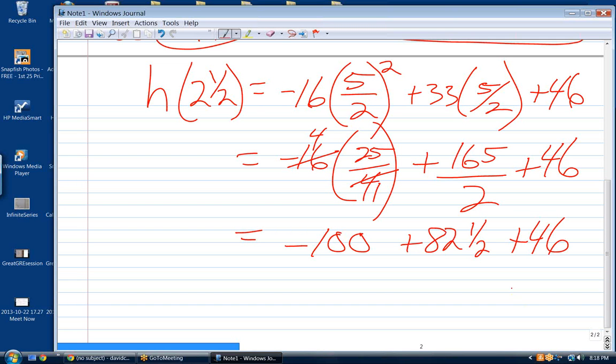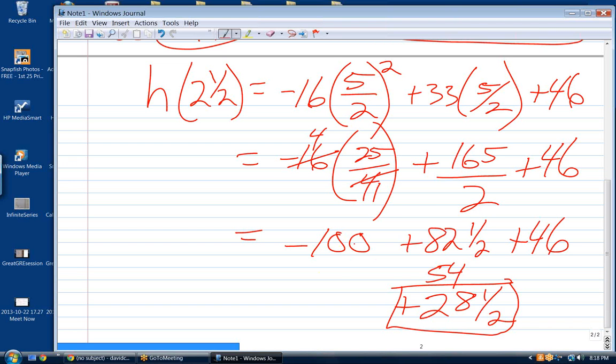So what do we have? We have 54. I'm going to subtract from that 28.5. So the height of the ball at 2.5 seconds is 28.5, unless I did my math wrong.